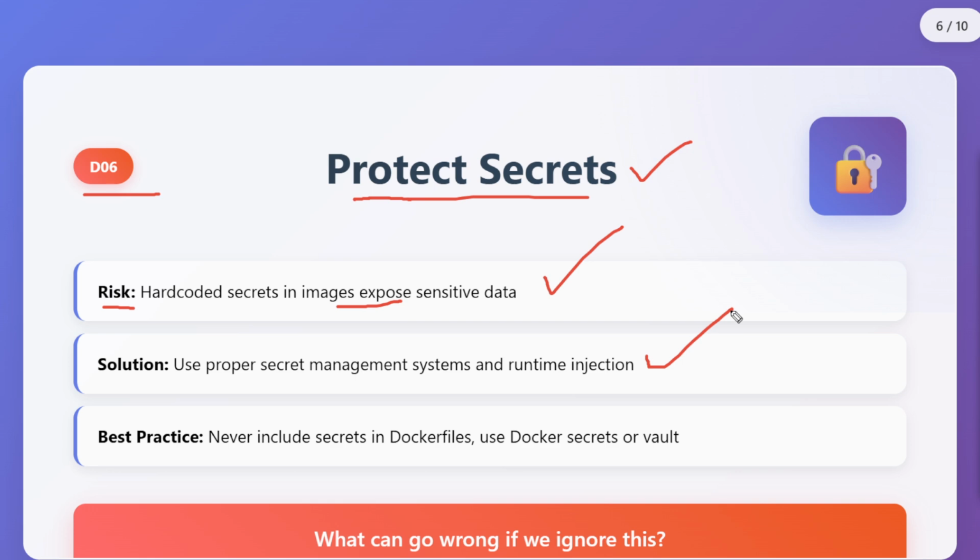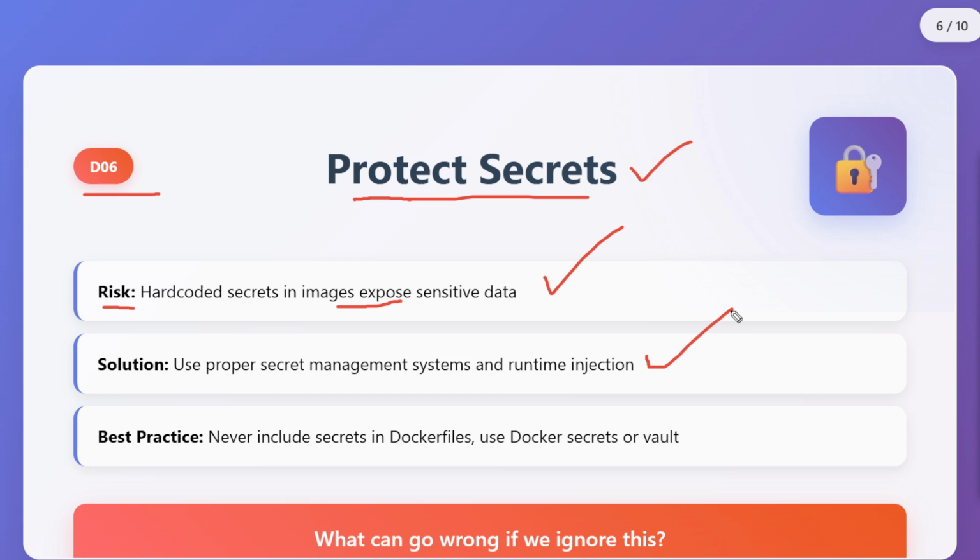And coming to the solution for this risk, it was using a proper secret management system and runtime injection. So instead of hard coding secrets and passwords, use secret management tools like Docker secrets, HashiCorp Vault, AWS Secrets Manager, or Kubernetes secrets.